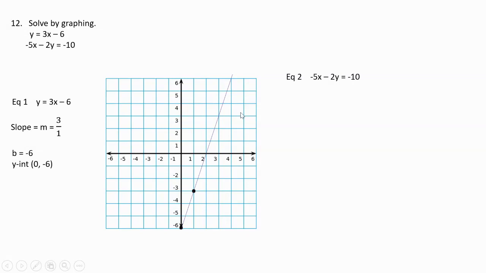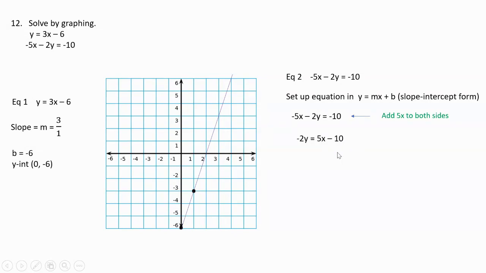For equation number 2, you have to put it in the slope-intercept form, which is y equals mx plus b. So we have to isolate the y. First we add 5x to both sides. After adding 5x to both sides, it's going to give us -2y equals 5x minus 10.